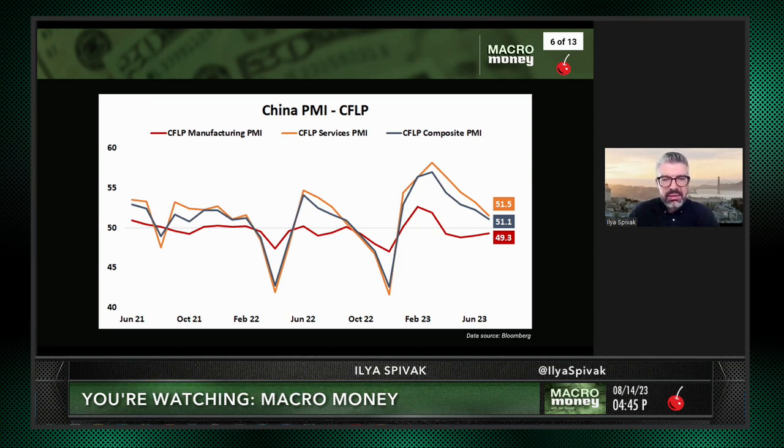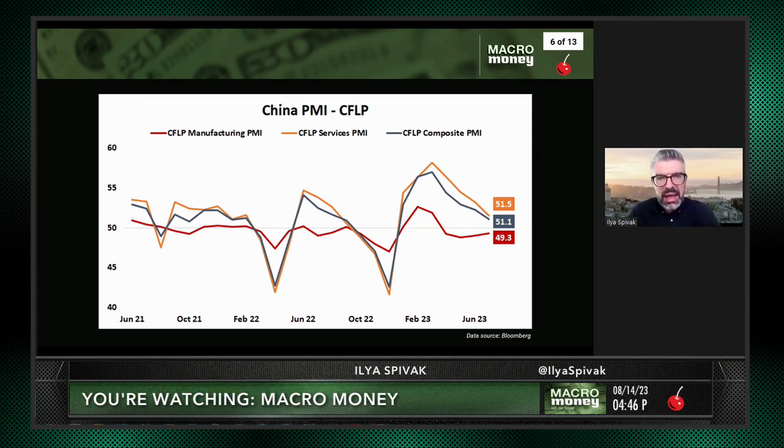That crested relatively quickly as well, though a little bit after manufacturing, seemingly somewhere around the end of the first quarter, and has since precipitously declined, such that we're getting close to idling at this point, 51.1 on the composite index.